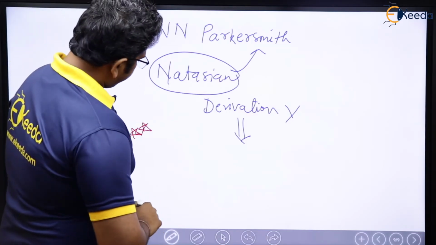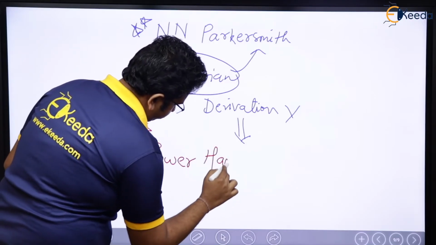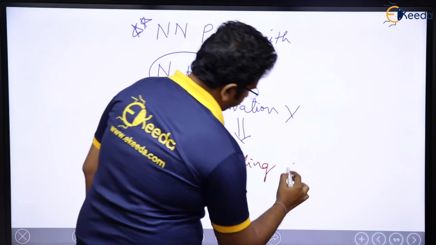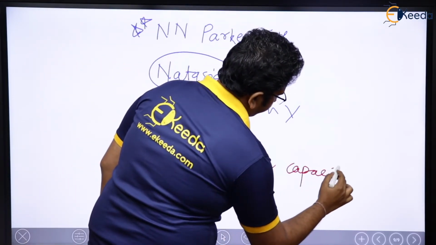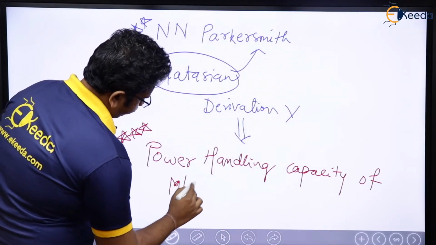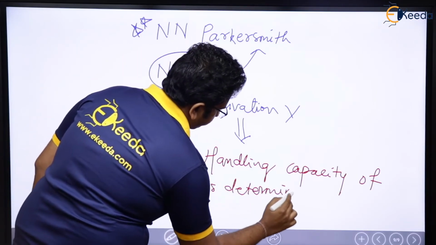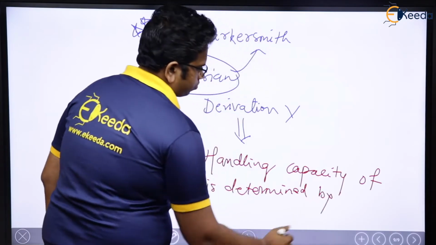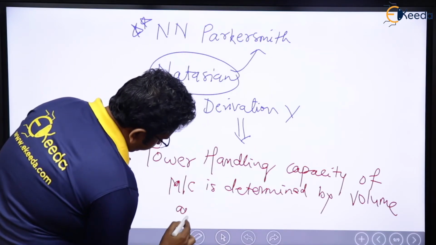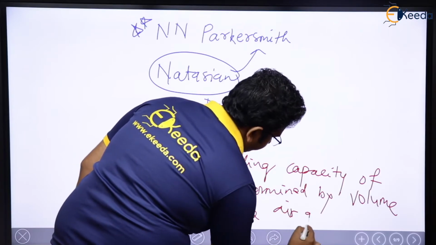What he said is that the power handling capacity of a machine is determined by the volume of air in the air gap.